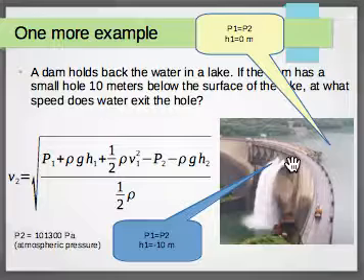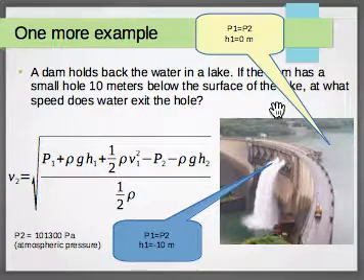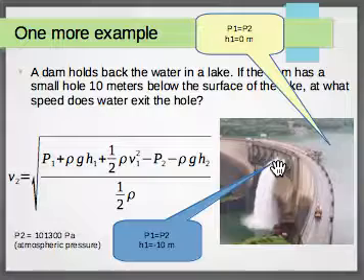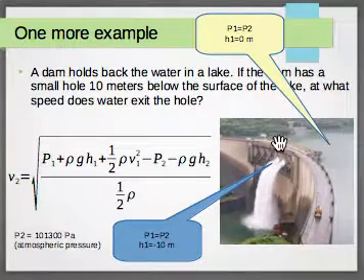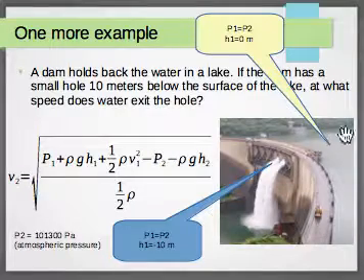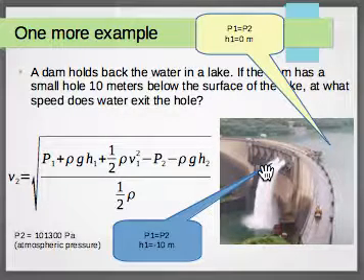But another thing, what about the height of the first section? So this is the second section, this is the first section. The first section has a height of, what is it? Well, it says that the hole is going to be 10 meters below it. That means that I can say that this is going to be 0 meters, the height on the top of the dam, and on the bottom is going to be -10.